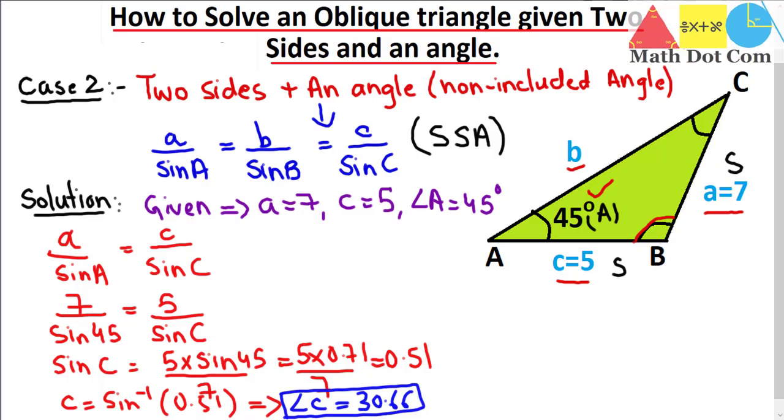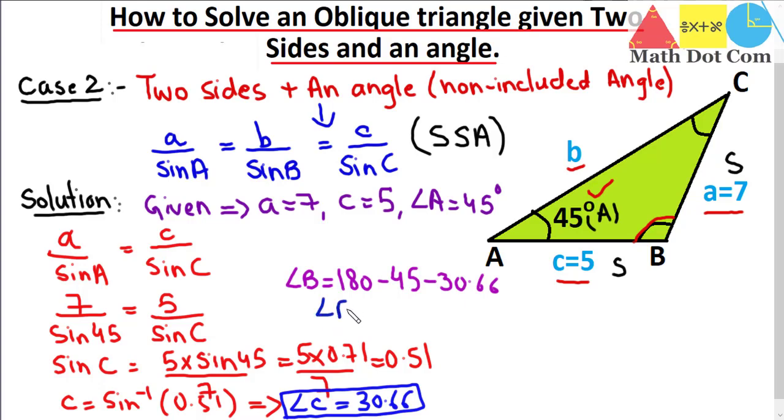Now the next thing is the third angle. It's obvious that you can easily find the third angle by subtracting the two angles from 180 degrees, as we have discussed before. So angle B equals 180 minus angle A, that is 45, minus angle C, that is 30.66.